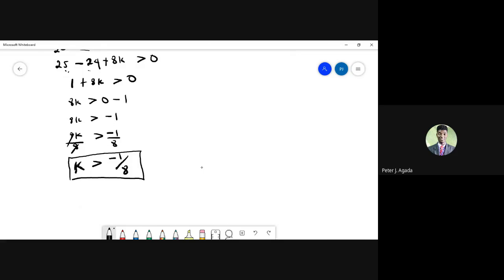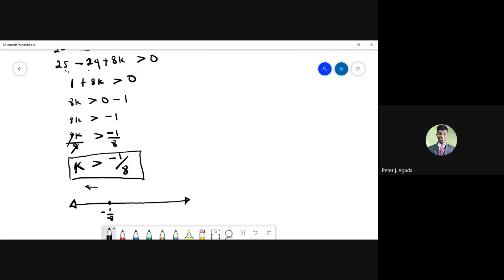So that means if I'm to draw a number line to determine what my value of k would be, anything greater than negative 1 over 8. So let's say this is negative 1 over 8.